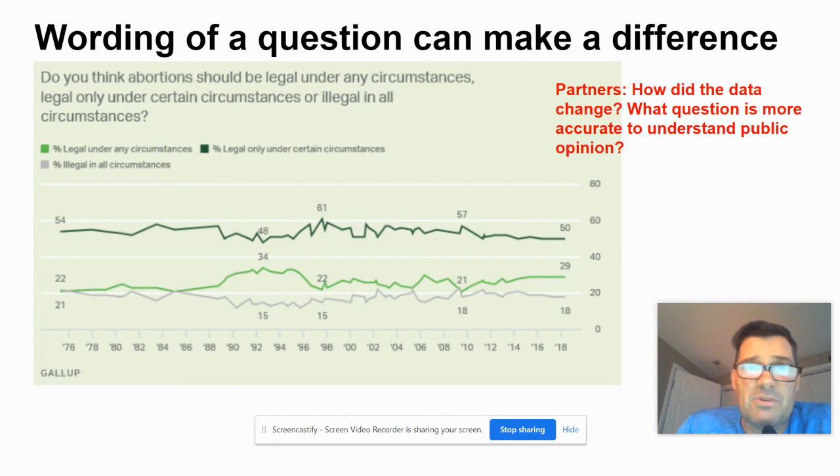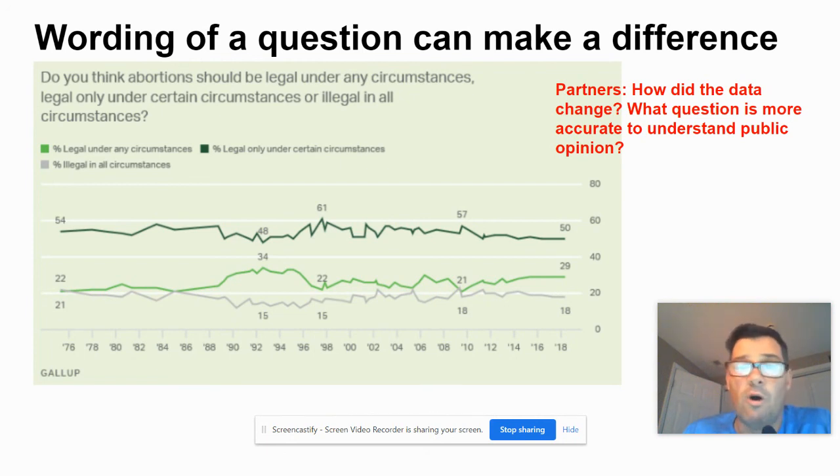So 50% of people think that abortion should be legal, but only under certain circumstances. That's really different because only 29% think abortion should be legal in any circumstance. And then there's 18%, obviously a very small minority, who think it's illegal all the time in all circumstances. So that captures a little bit more of the variety of answers when it comes to an issue like abortion, where the horse race A B question doesn't get you as much.